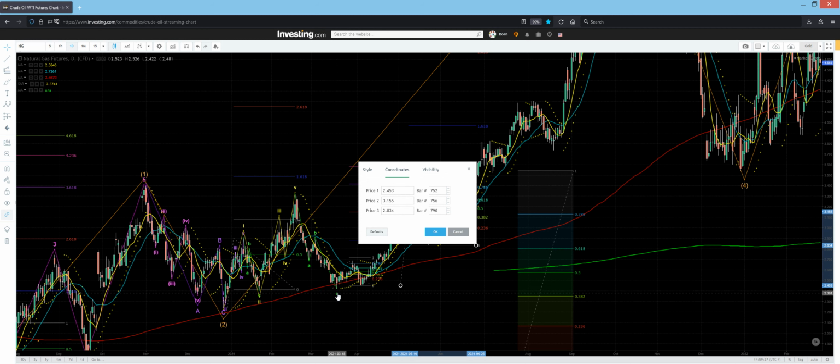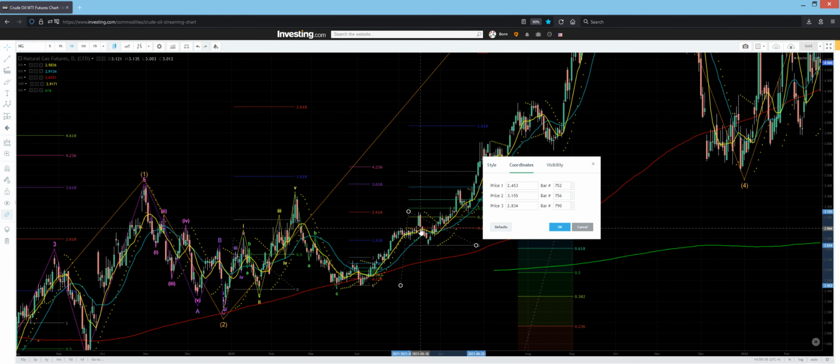Now, let's get our numbers right. And wave C over here, this one here was 2.253, that's on the money. This high over here was 2.150, and the low over here was 1.832.